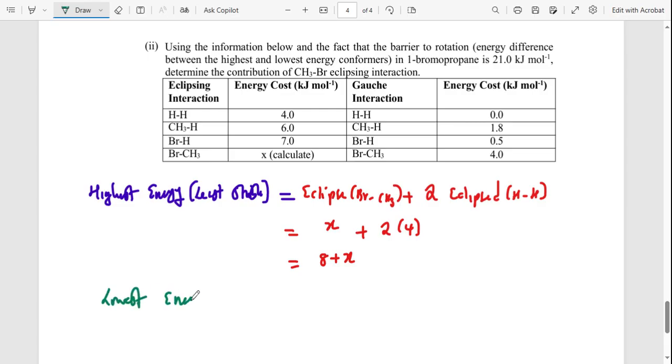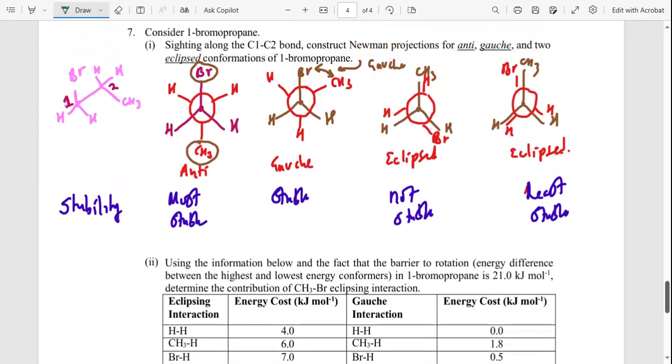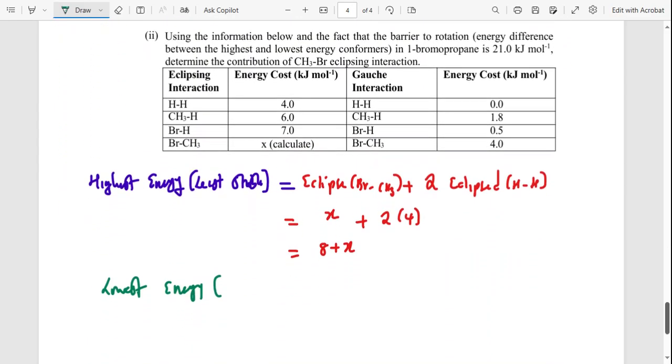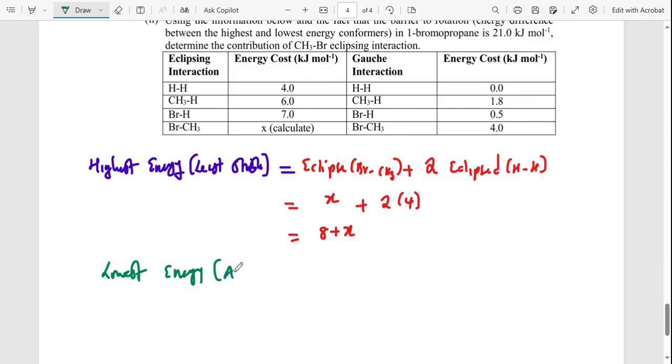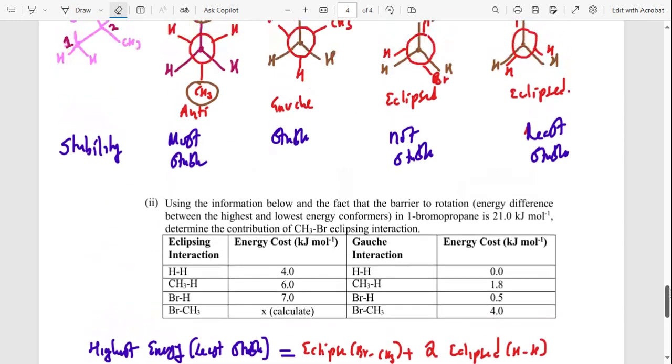So the lowest energy structure is definitely the one in the anti. For the one in the anti, you can even see a gauche between hydrogen and hydrogen is 0, because gauche between hydrogens is actually very stable. It doesn't even have any energy.